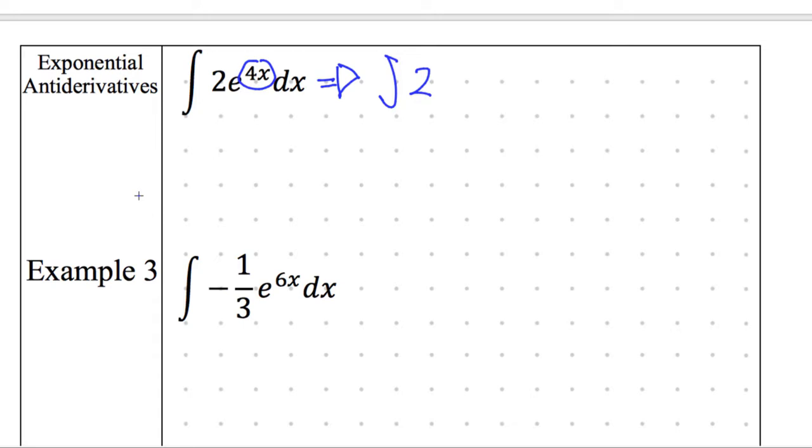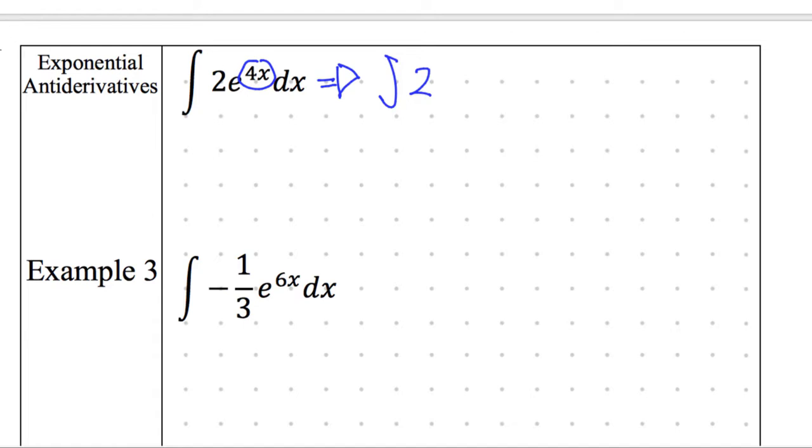Would it be e to the 4x power times 4? So you're going forwards. You need to go backwards. And instead of times 4, you need to divide by 4. But yeah, that's the correct intuition. But what is our dinner? Inner is 4x, therefore the derivative of the inner is, just take the derivative of 4x. 4.